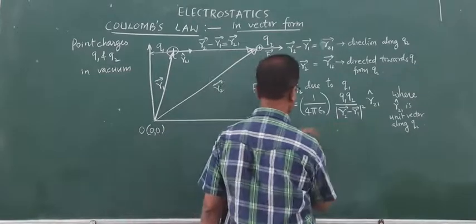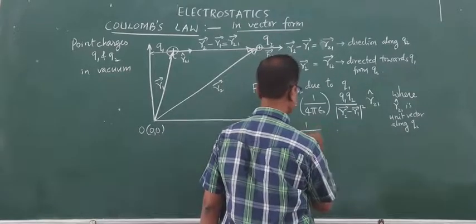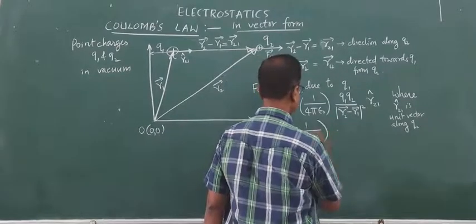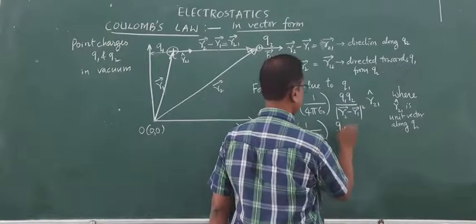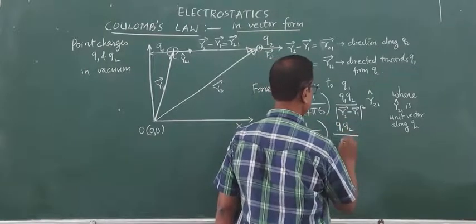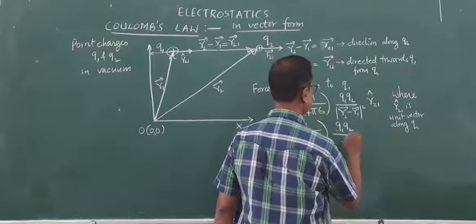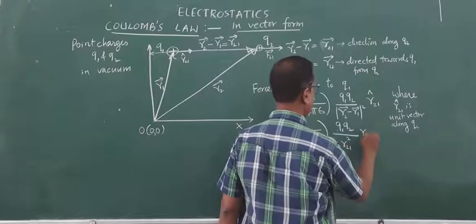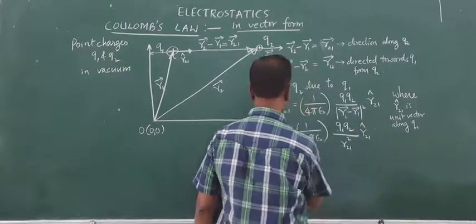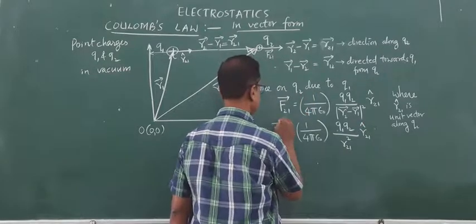To make it look simple, I can write it as 1 upon 4 pi epsilon Q1 Q2 upon R21 square, R21 cap. So this I am writing as the F21 vector.